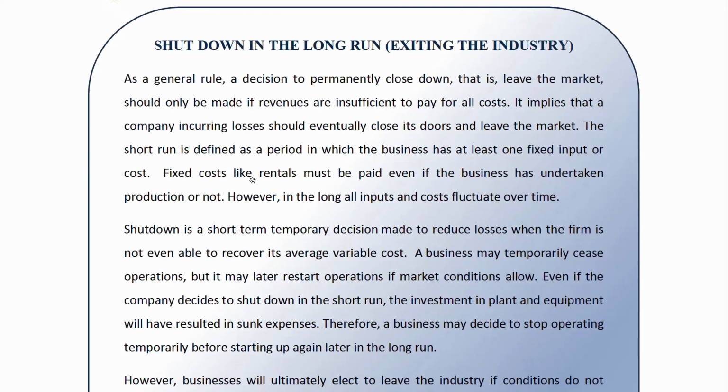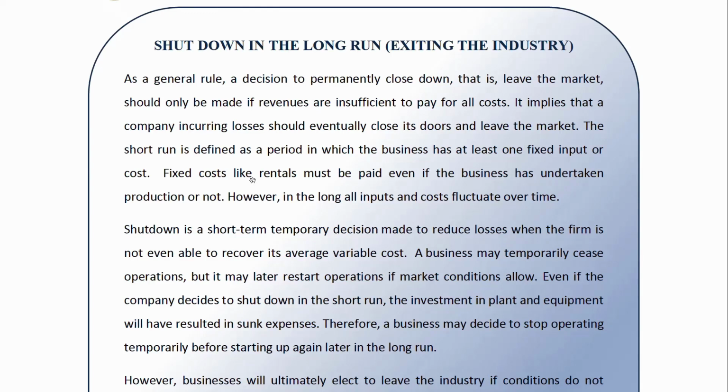Shutdown in the long run. As a general rule, a decision to permanently close down, that is, leave the market, should only be made if revenues are insufficient to pay for all costs. It implies that a company incurring losses should eventually close its doors and leave the market.